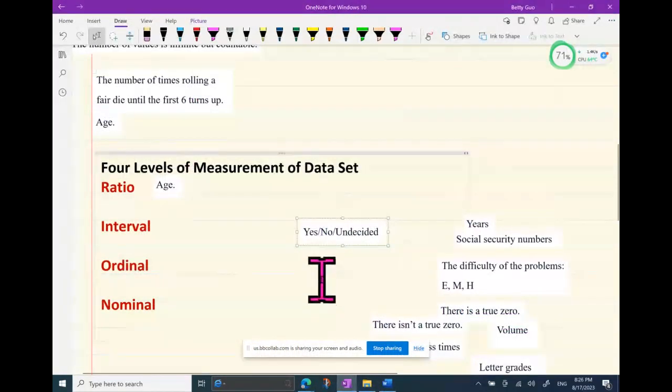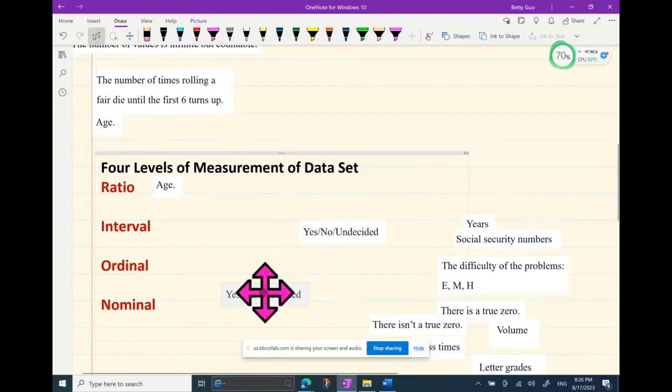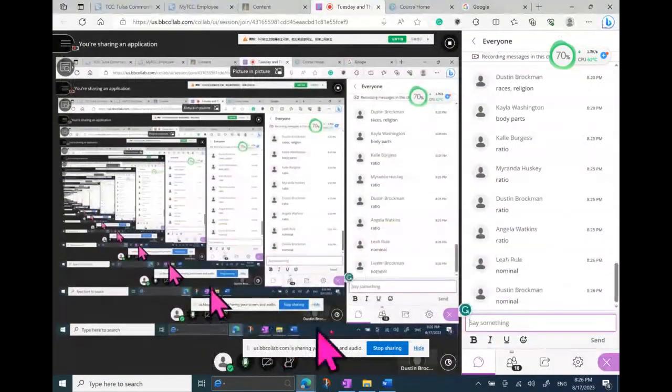This one is an example of what? Yes, no, or undecided. Are they in order? Or does the order not make sense? This is qualitative, categorical. That's nominal, perfect, exactly, category.